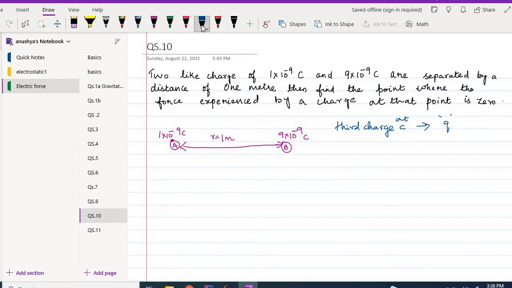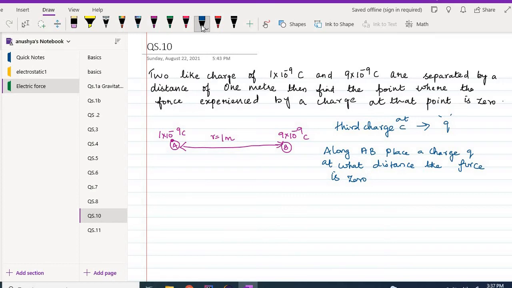So at what distance is the force experienced by this third charge 0 along the line AB? By placing a charge Q along AB, at some point you have to find out where the force becomes 0.